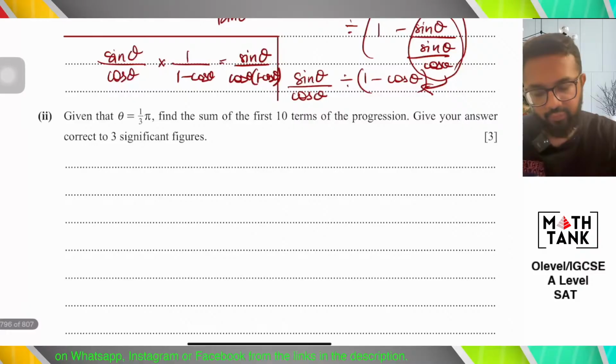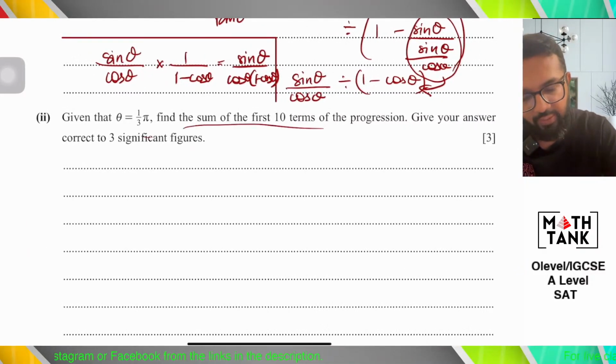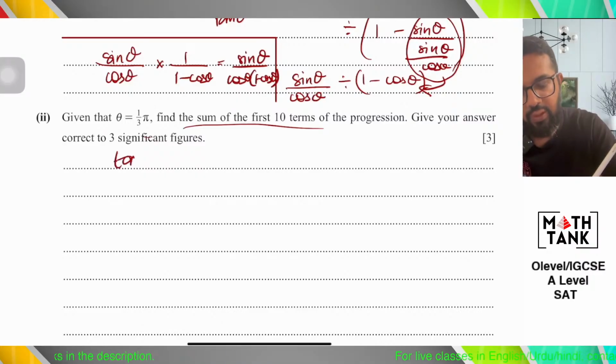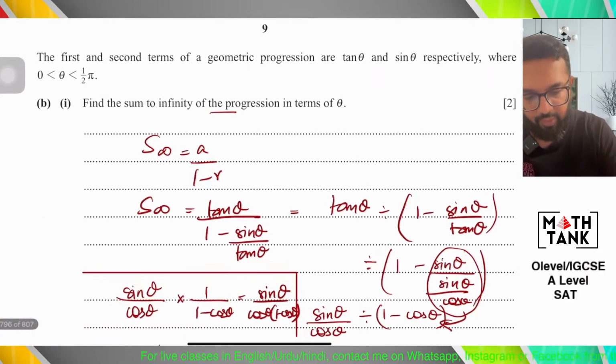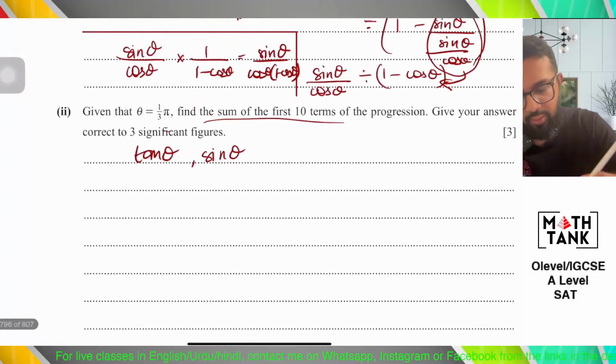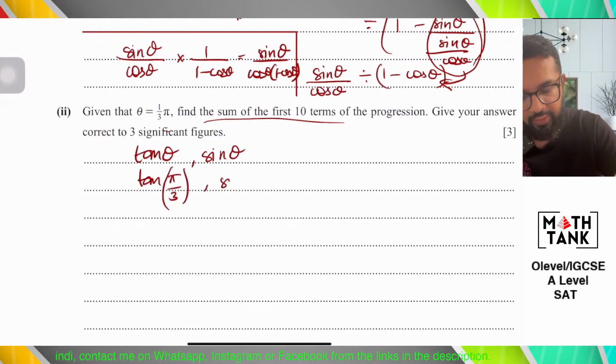Yeah, that's fine. Given that theta equals pi over 3, find the sum of the first 10 terms of the progression, giving your answer correct to 3 significant figures. So tan theta and pi over 3, and sine pi over 3.